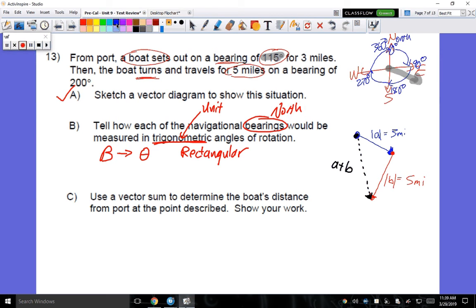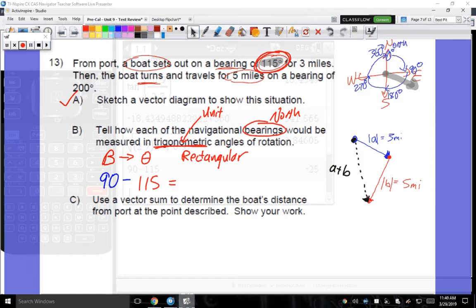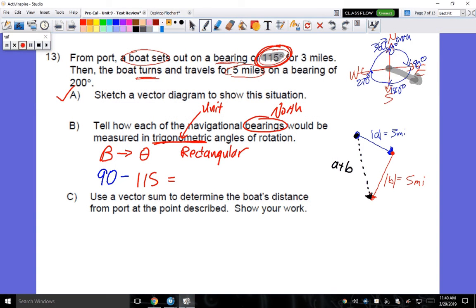I'm simply going to take 90 and subtract whatever it is they give me in bearings, which in this case would be 115. So in my calculator, if I do 90 minus 115, I'm going to get a negative 25. So the first leg is the directional angle of negative 25 degrees, which does make sense because it looks like you just went from 0 down 25 and there's your first leg.